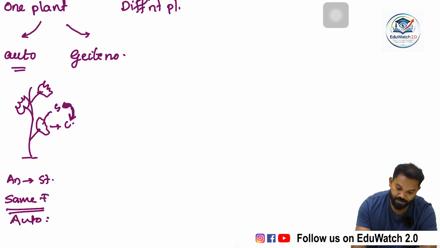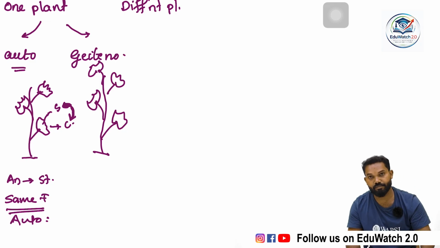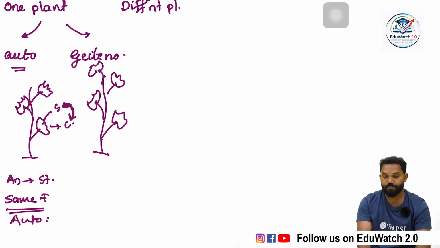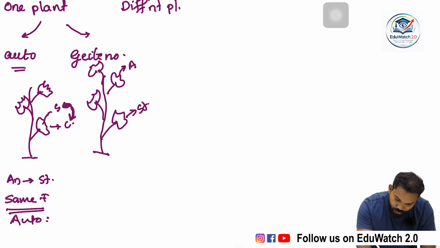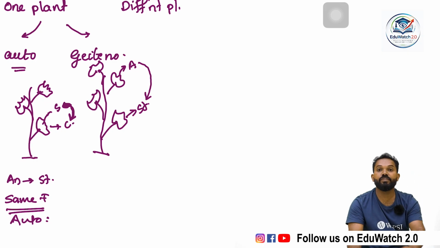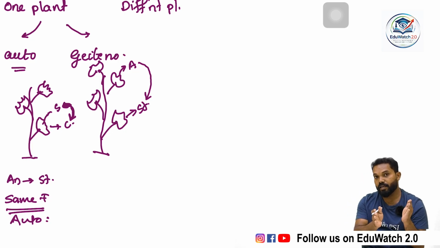Then geitonogamy is if the plant contains bisexual or unisexual flowers, there is a chance to transfer the pollen grain from the anther to the stigma of a different flower of the same plant.